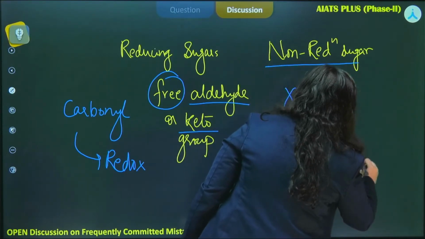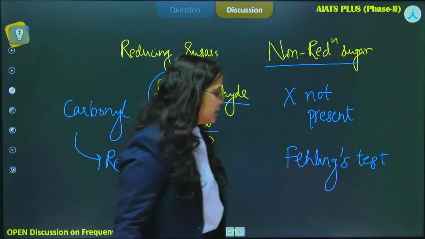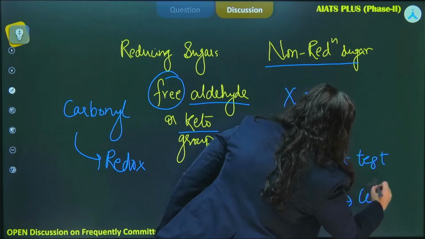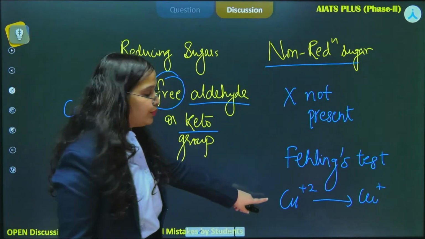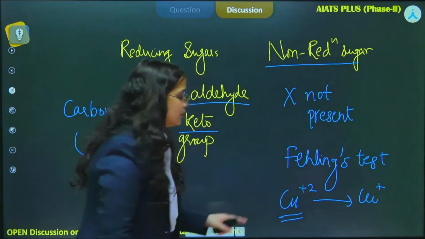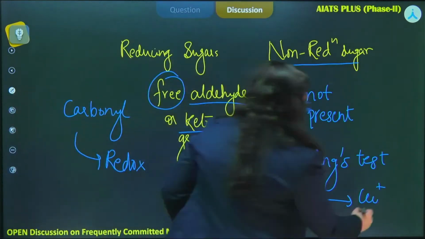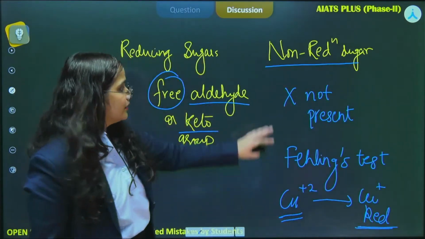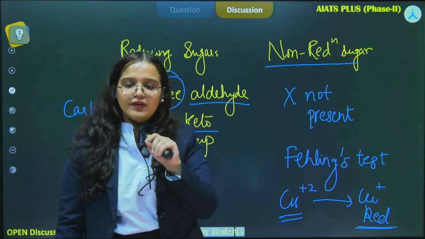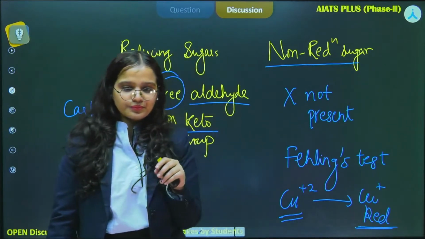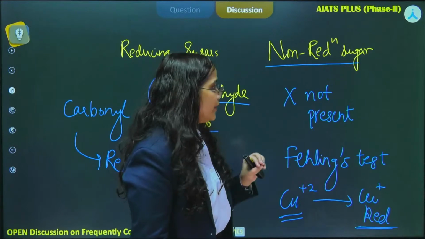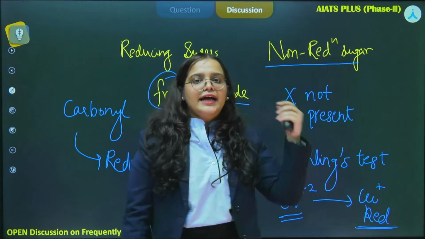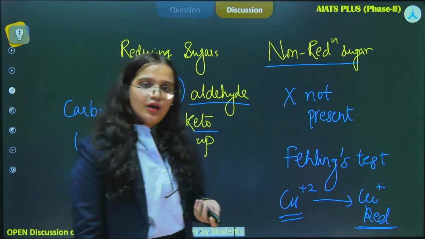So basically what happens in Fehling's test is that copper is reduced into copper ion, where the blue color of copper will change into a red color, and this indicates that if a sugar is giving a positive Fehling's test, it means that sugar is reducing in nature, all right.